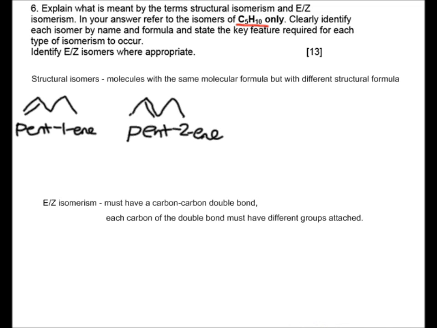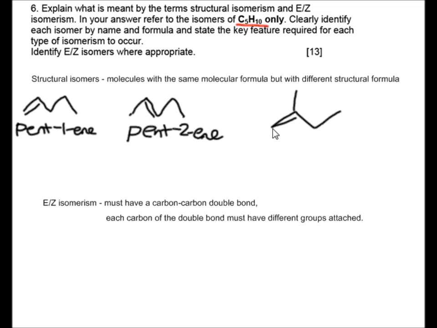We could also use branched isomers, for example, this molecule here. So again, a mark for drawing it, and the second mark will be for naming it.